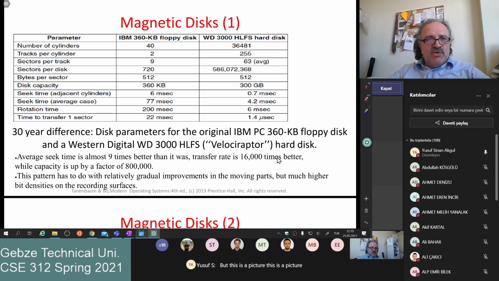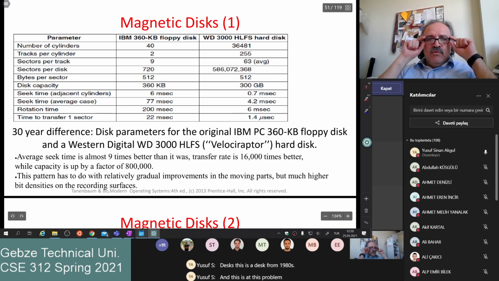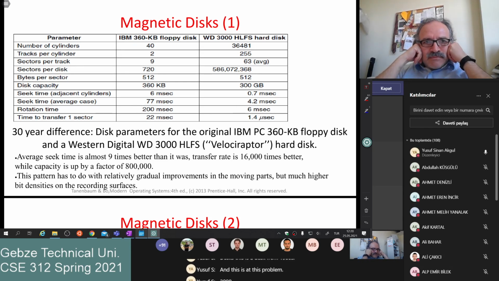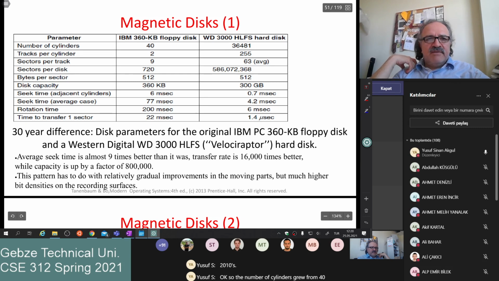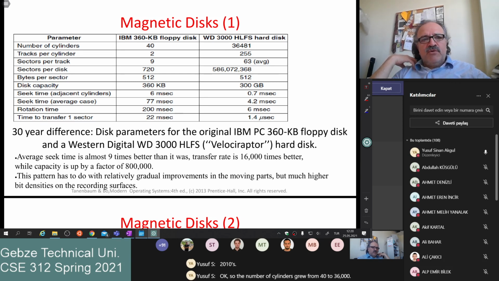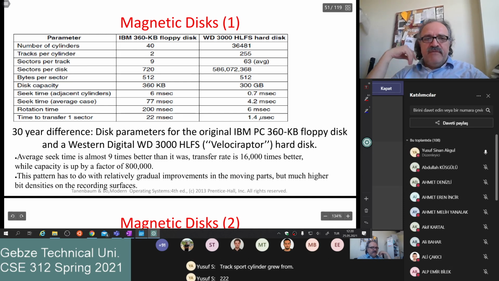That compares two types of disks. This is a disk from the 1980s, and this is a disk from the 2010s. So the number of cylinders grew from 40 to 36,000. Tracks per cylinder grew from 2 to 255.